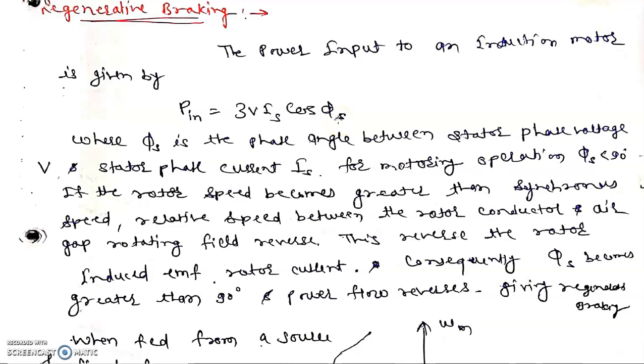For phi s to be greater than 90, the rotor speed becomes greater than the synchronous speed. If this happens, the relative speed between the rotor conductor and the air gap rotating field reverses.